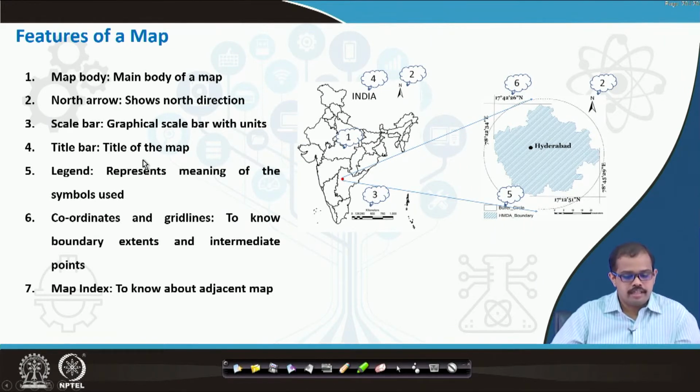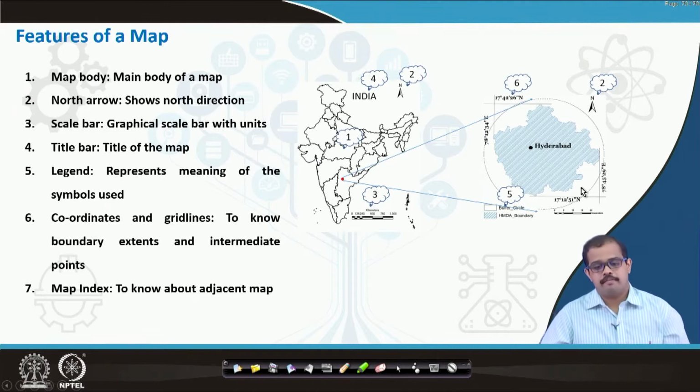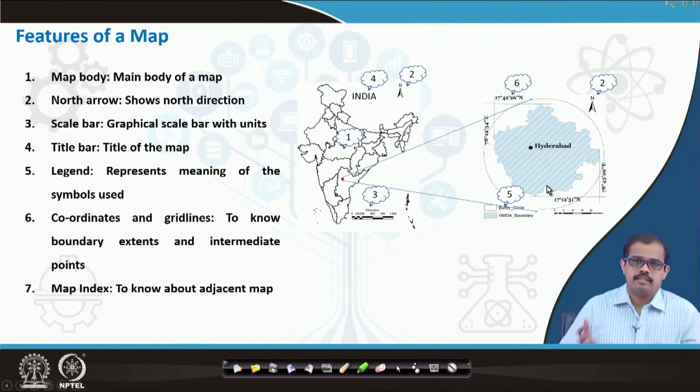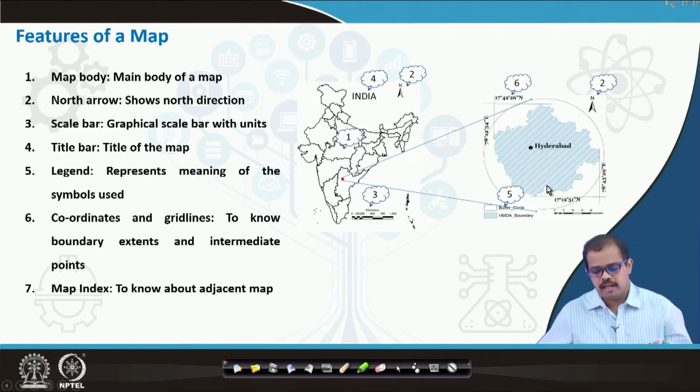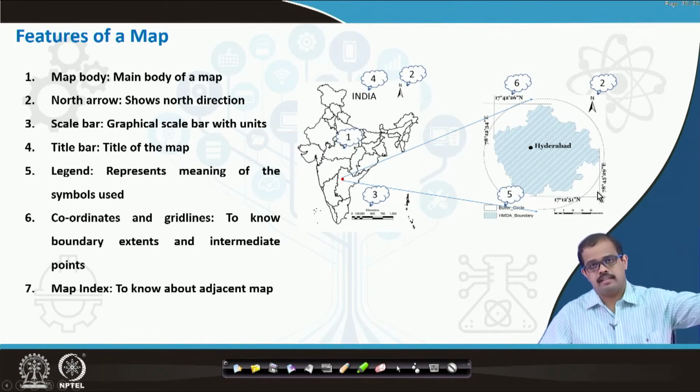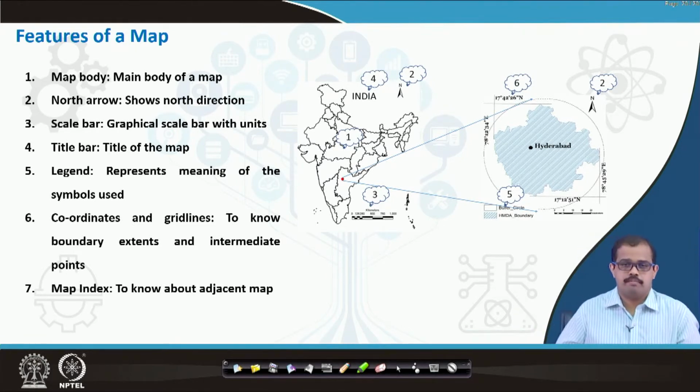Then coordinates and grid lines to make the boundary extent clear. For example, I have put grid lines here, and I have represented a coordinate. Some people may wonder why I have represented only two, one at the top left corner and the other at the bottom right corner.